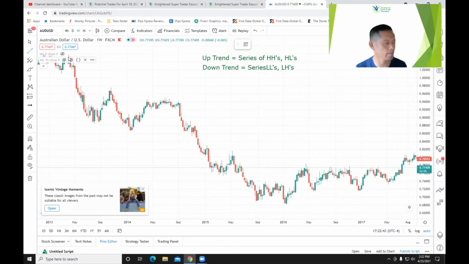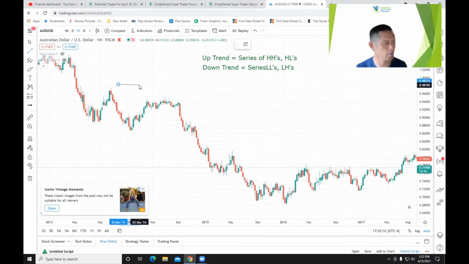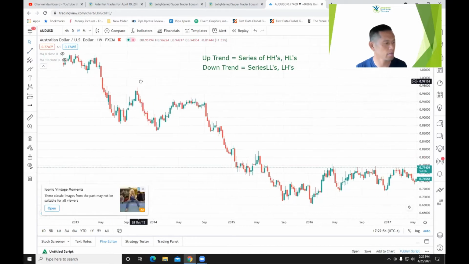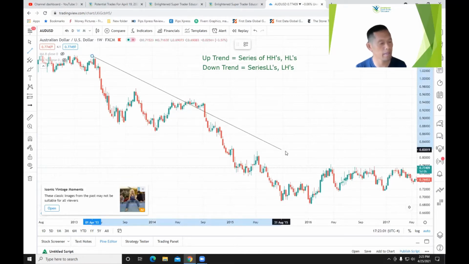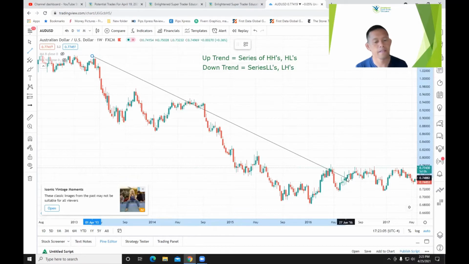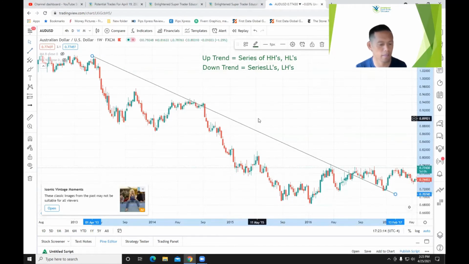The way I've been taught in the past to draw a trend line, this was when I started to learn how to trade, is that if you touch numerous lower highs, then you can basically dictate that you have a downtrend.